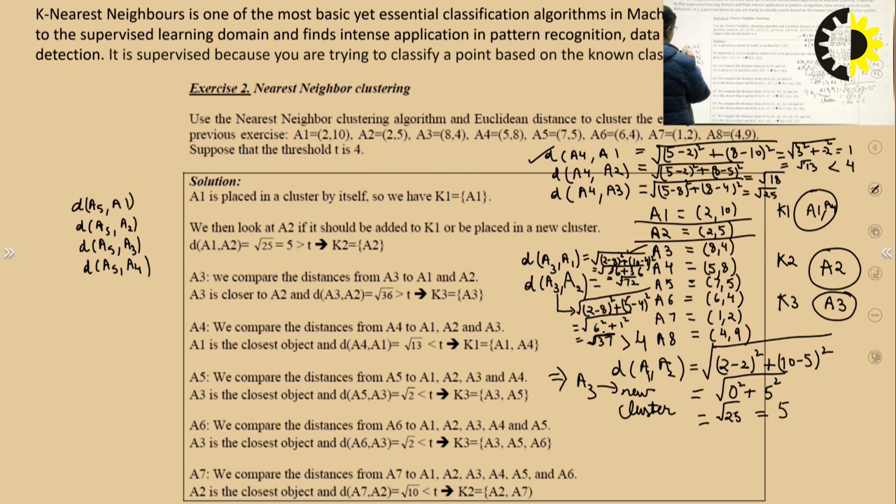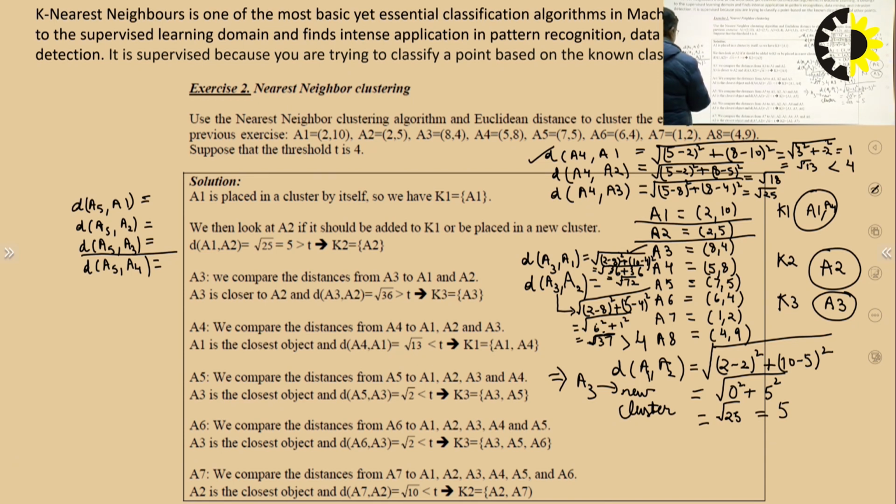So if you find all these Euclidean distances, you will find that for point A5, the distance between A5 and A3 is the shortest of all the four distances.